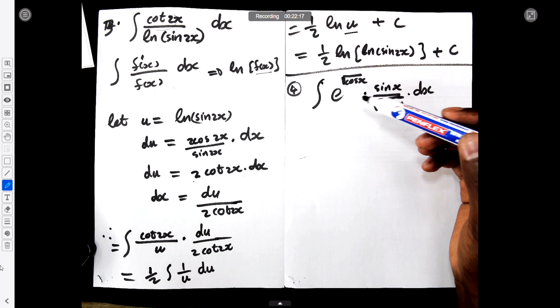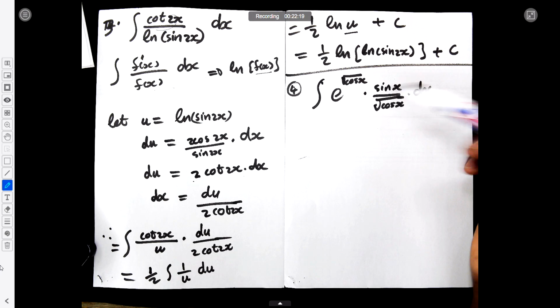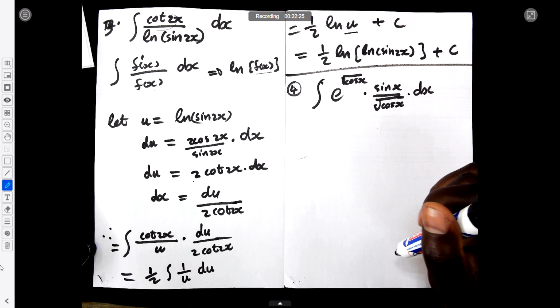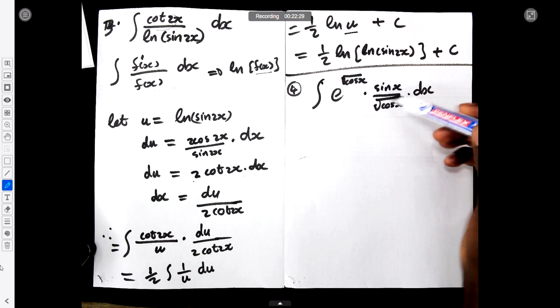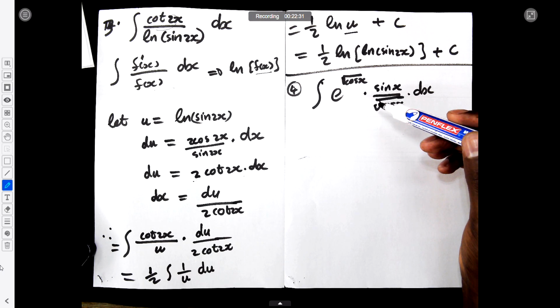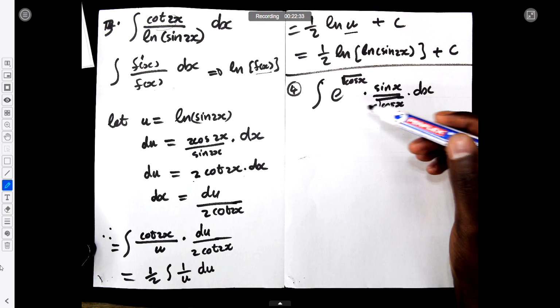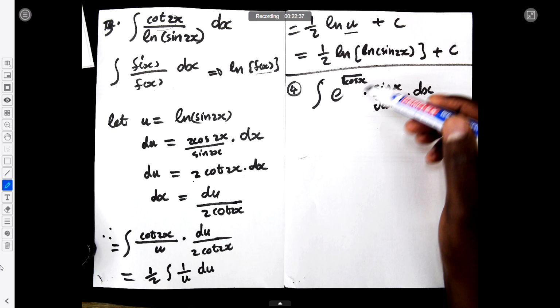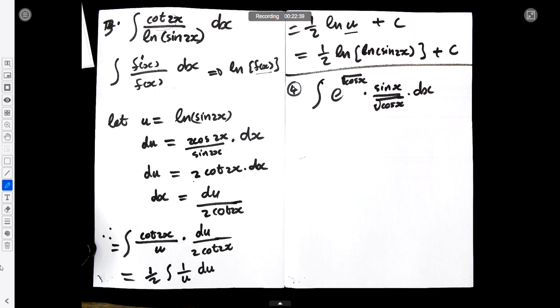It gave us a negative half, and the derivative of cos x, we know, is negative sine x. That's the only thing which is missing. I hope you see it's a half and a negative, because the derivative of cos is negative sine. We're missing a negative sign and a half, because the derivative of the square root is half, then we subtract 1.